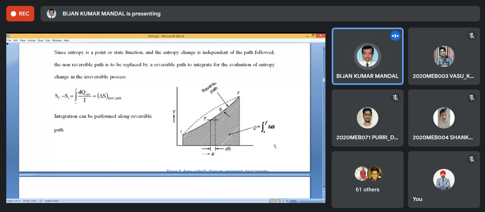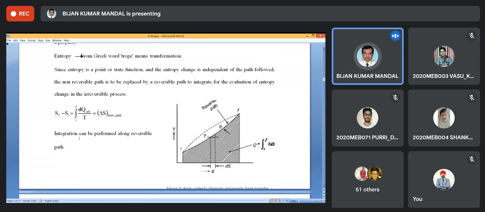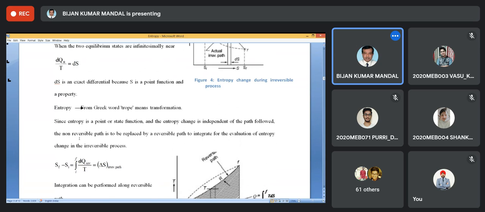Now, what we have written is dqr by T is equal to dS. Therefore, we can write dqr is equal to TdS. And then if you integrate, the left-hand side, dqr, is an inexact differential. So integration of that will be the total heat transfer in the process from state 1 to 2.